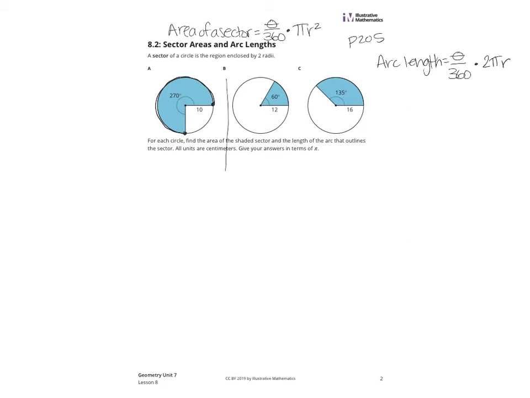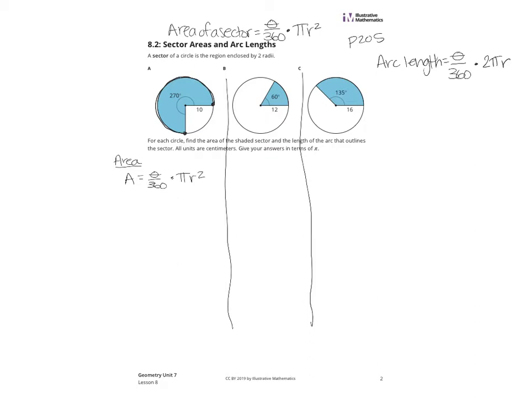So let's take a look at these 3 examples. In the first example, we're going to find the area of my sector. So to find the area, we abbreviate that with a capital A. So in this problem, my area is equal to theta divided by 360 times pi times the radius squared.